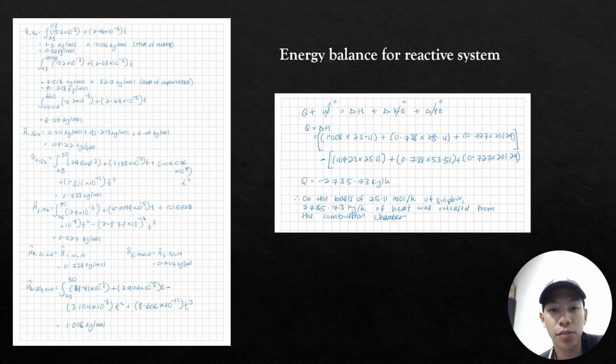When there is no shaft work, kinetic energy and potential energy, we get Q equals the change of enthalpy. After carrying out the energy balance, we get Q equals 2735.73 kJ per hour. On the basis of 25.11 mol per hour of sulfur, 2735.73 kJ per hour of heat was released from the combustion chamber.